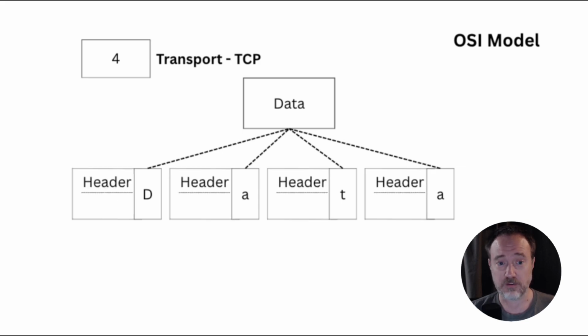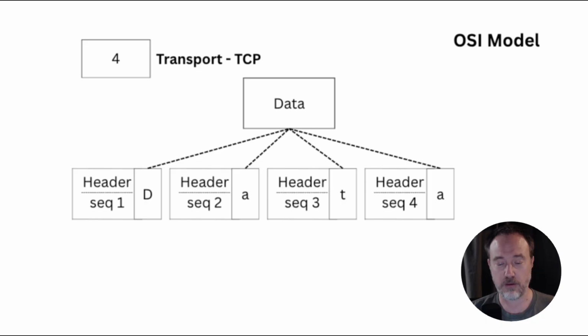On the other hand, if it's TCP, it's a much larger header because there's more information that we want to get in there. One of the really important fields inside the TCP header is the sequence number. Every segment gets numerically ordered for a sequence.